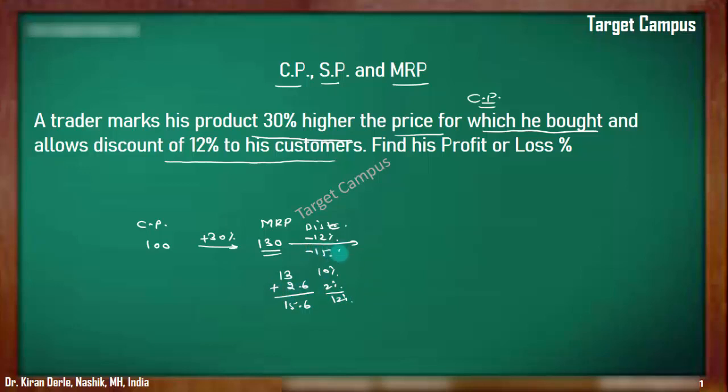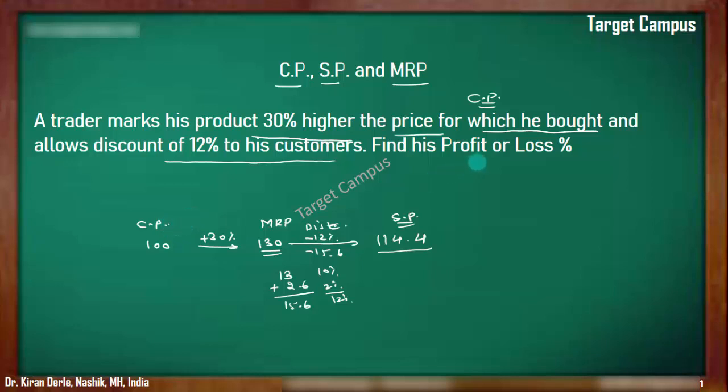So he's offering a discount of 15.6. What remains with him is 114.4, his selling price. The cost price was 100, the MRP becomes 130, the discount is 12%, which is 15.6, and the final selling price becomes 114.4.